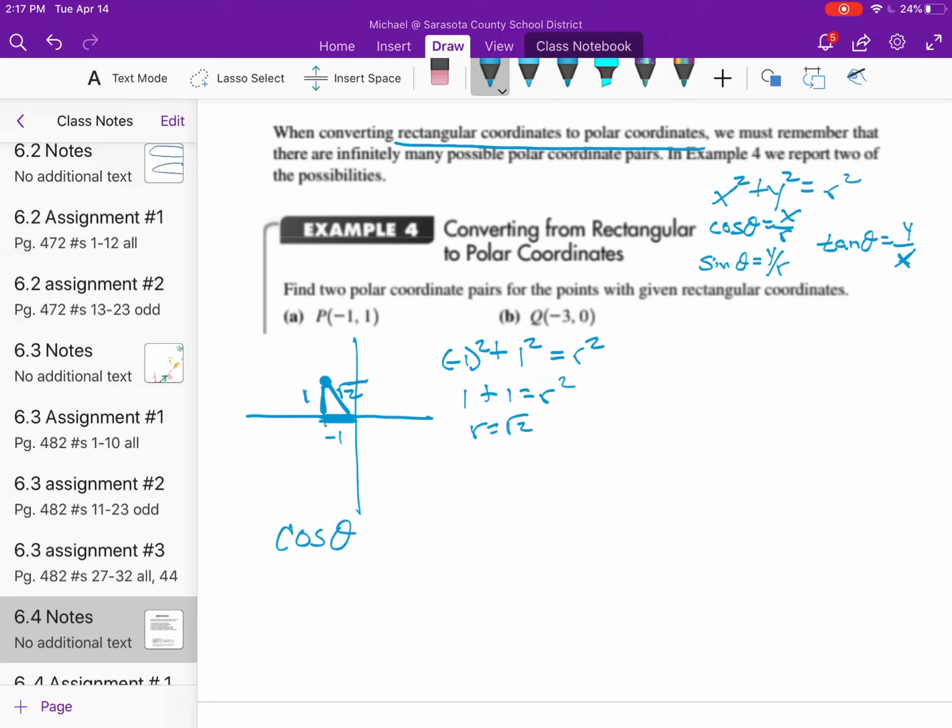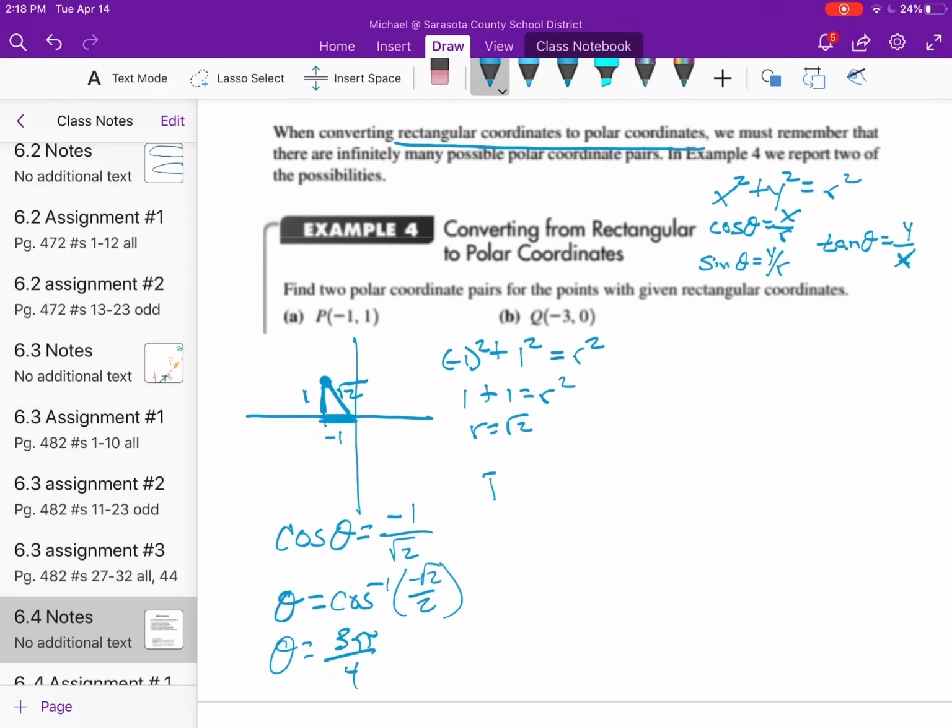Cosine theta equals -1 over the square root of 2, so theta equals the cosine inverse of negative square root of 2 over 2. Thinking about quadrant 2, where is the cosine negative square root of 2 over 2? That's at 3 pi over 4. That helps us understand the beginnings of where we're at.